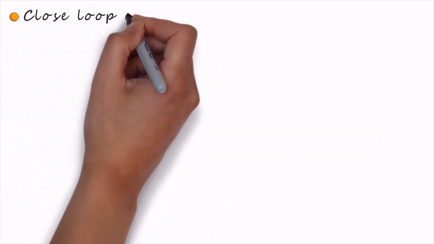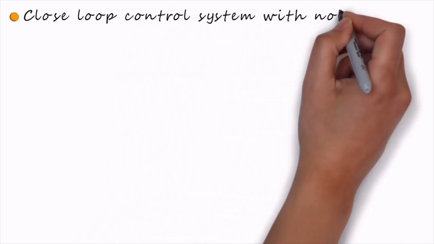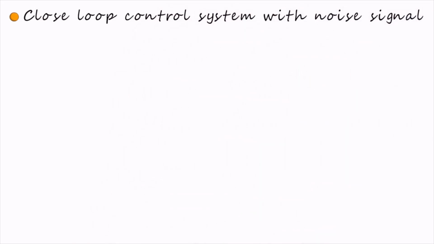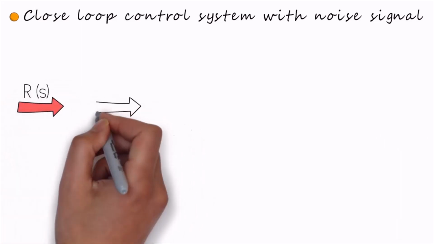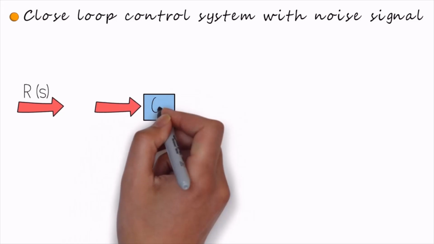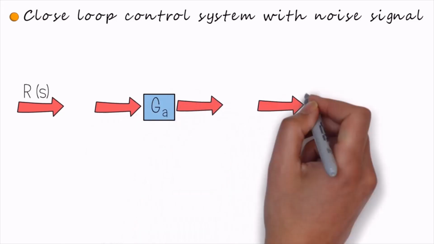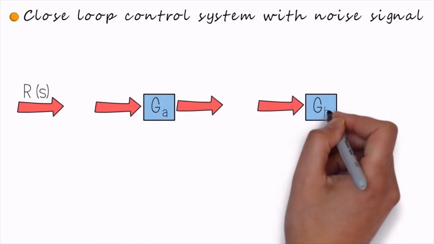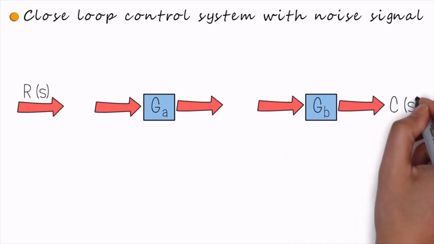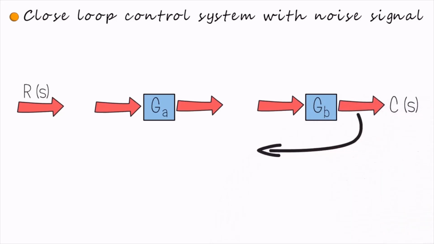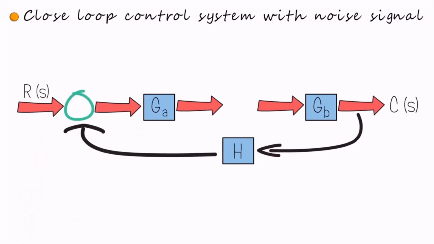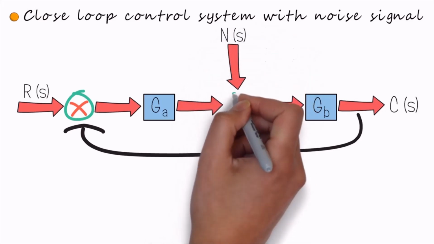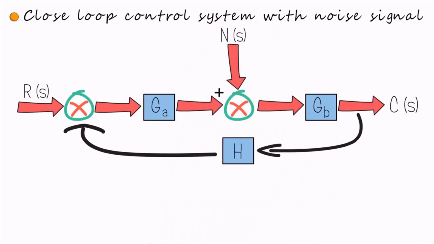Consider a closed loop control system now with noise signal as shown in this figure. Here the input is R(s), this is GA, this is the gain GB, C(s) is the output of our system, and let H be the feedback of this closed loop system, and N(s) be the noise signal introduced in the system.